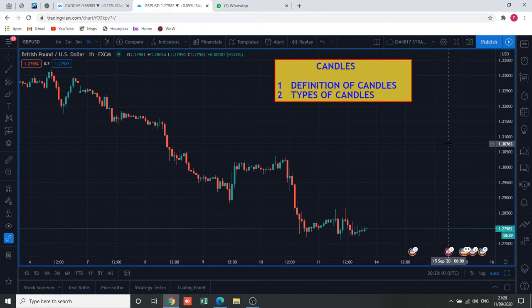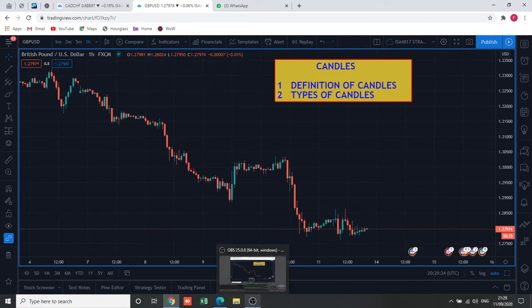What does a candle represent in the forex market, and also how can we use it to our advantage? But this is the first stage in the technical aspect of trading forex.